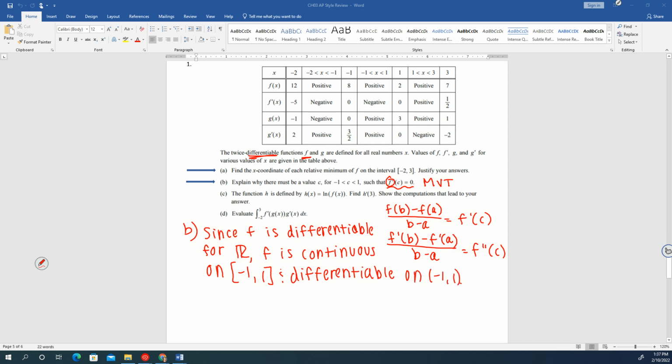That's all you need to state, those 2 things, in order to use the mean value theorem.